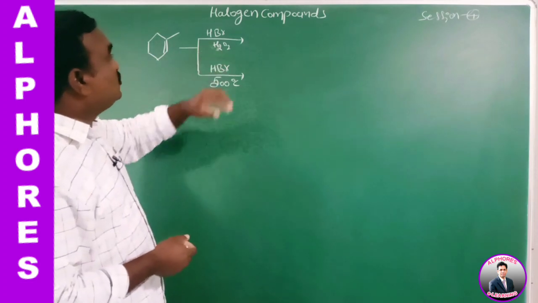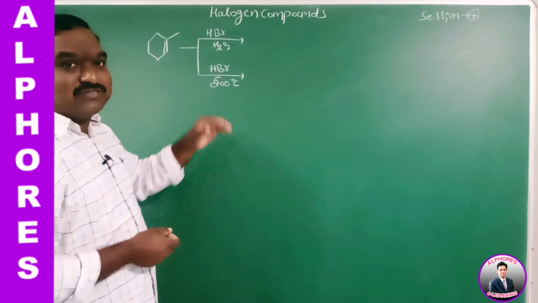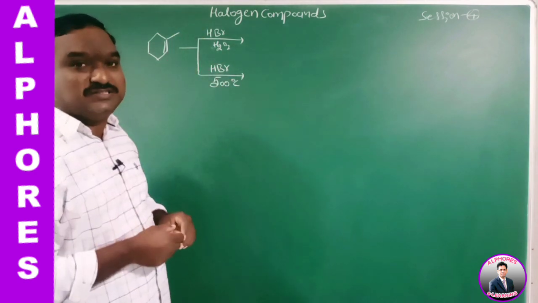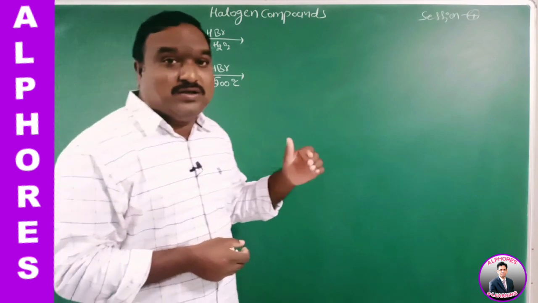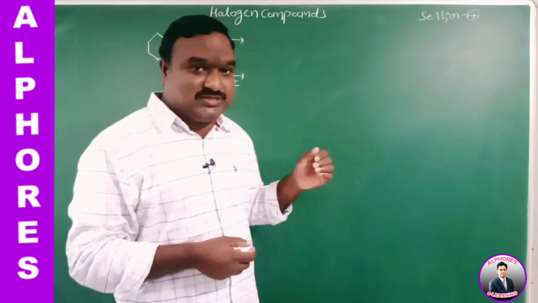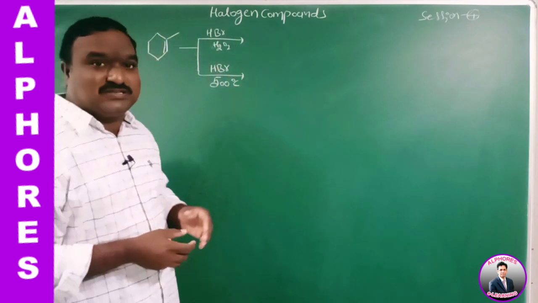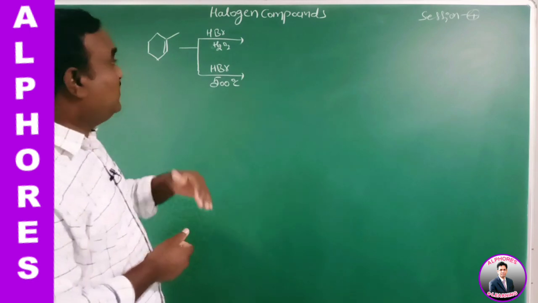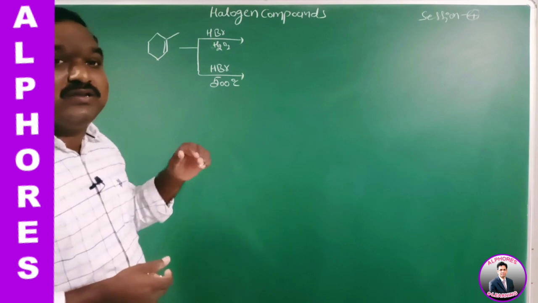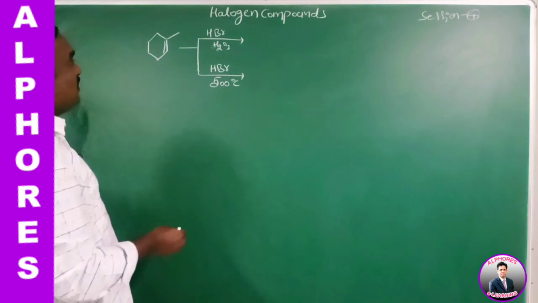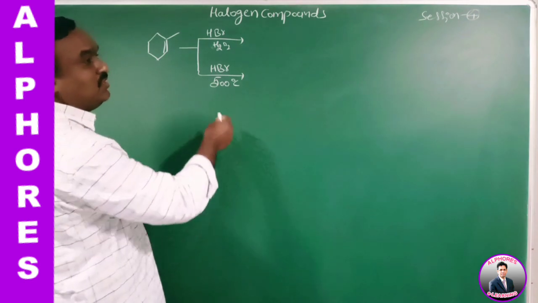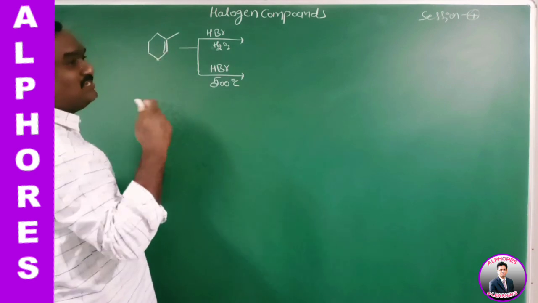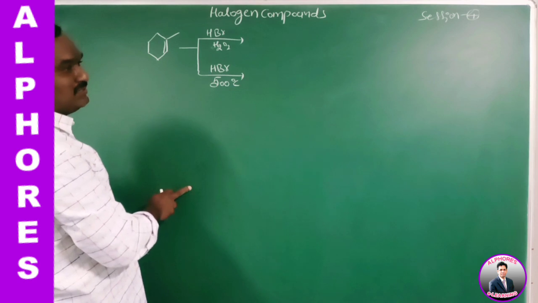Wherever HBr and H2O2 are given, the first reaction is an electrophilic addition reaction. But here the medium is H2O2. Peroxide means the anti-Markovnikov product is important in the first case. Anti-Markovnikov product means the nucleophile is added to the less substituted carbon, which has more hydrogens.